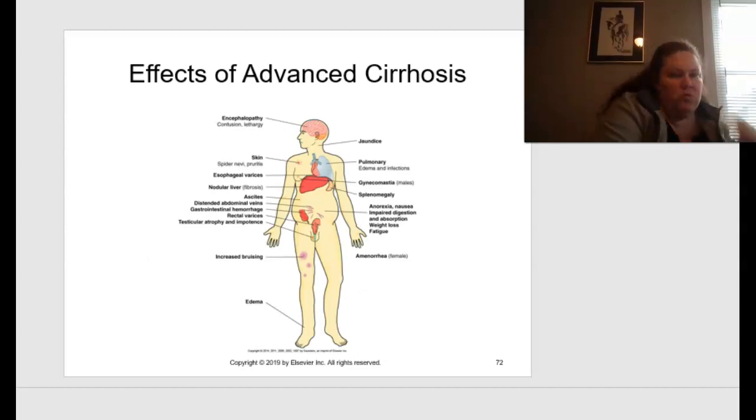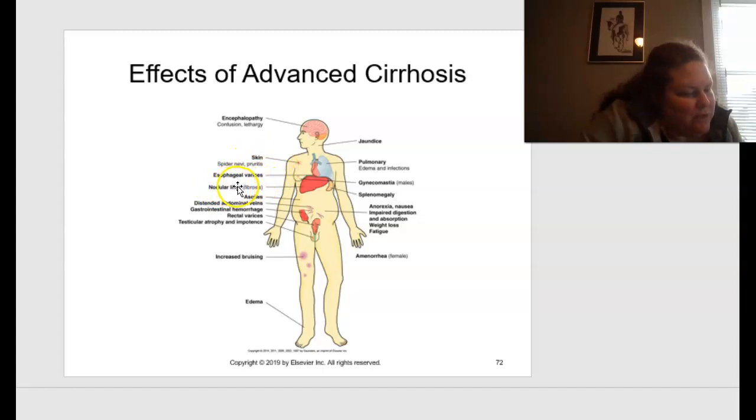So, with effects of advanced cirrhosis, you can see this on page 467, and this is figure 17.28. You can have the encephalopathy, which can lead to confusion and lethargy. You can have skin lesions, which can lead to spider nevi or petechiae, esophageal varices.